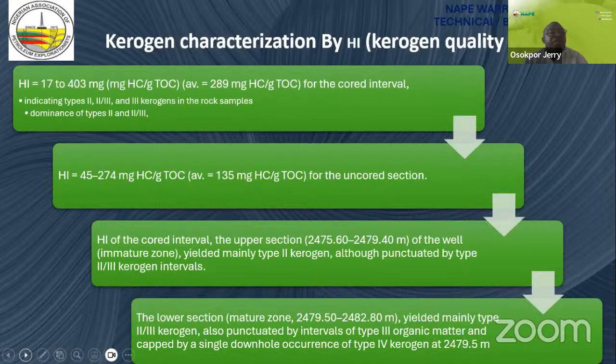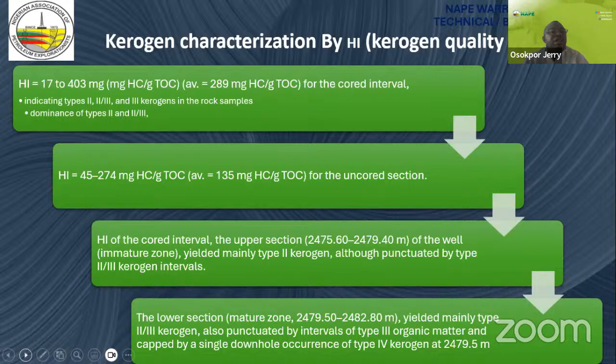We have different hydrogen index values for different sections of the well, with a range of 17 to 403 milligrams hydrocarbon per gram TOC, with an average for the interval that was cored.